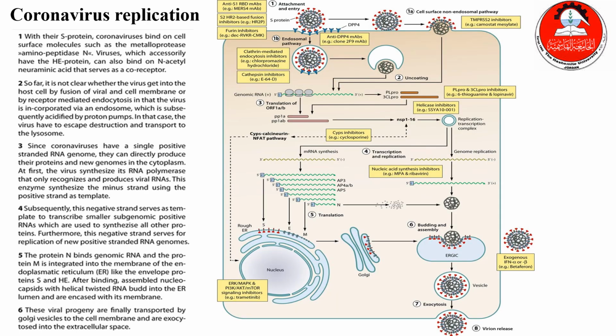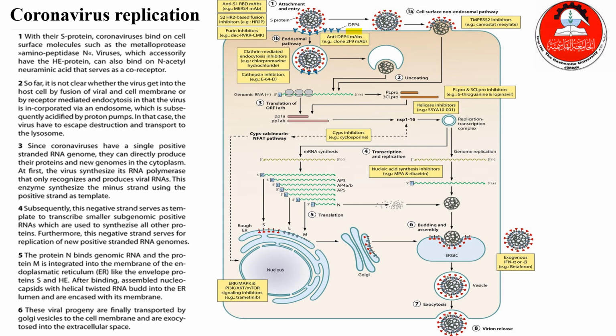The replication cycle or strategy for the coronavirus mimics other positive sense RNA viruses, in the sense that the virus needs to attach its S glycoprotein to the receptors on the target cell, which are the DPP4.